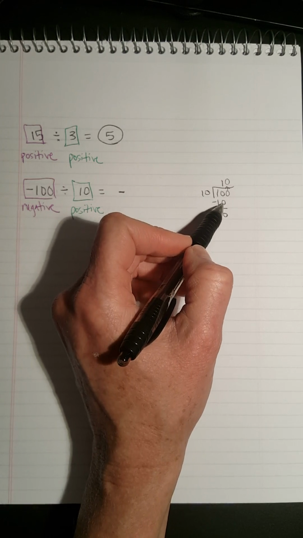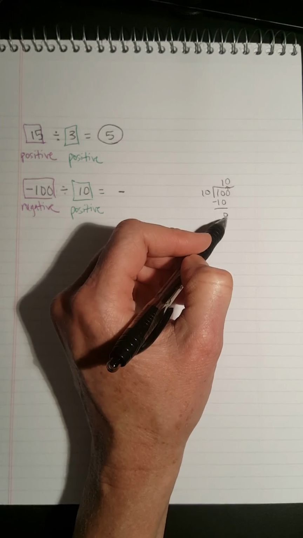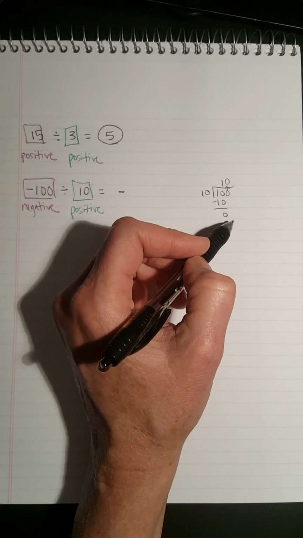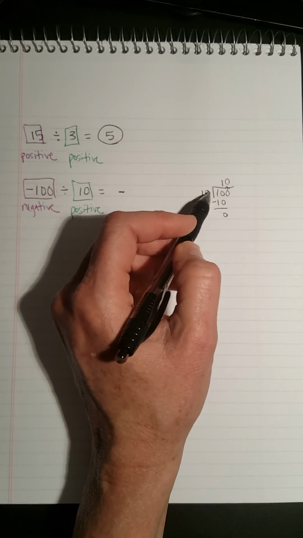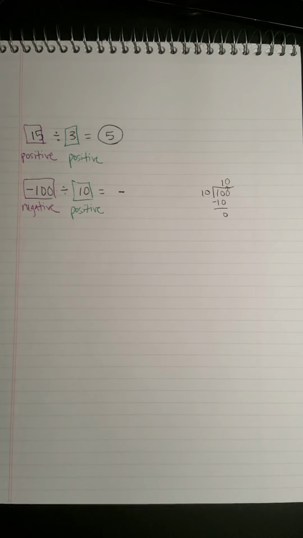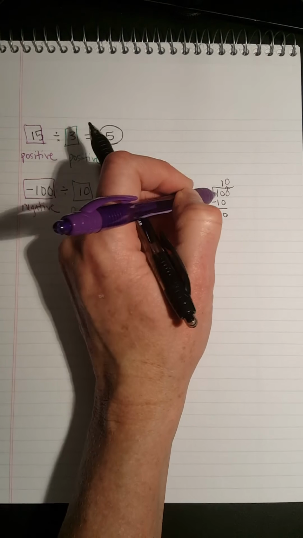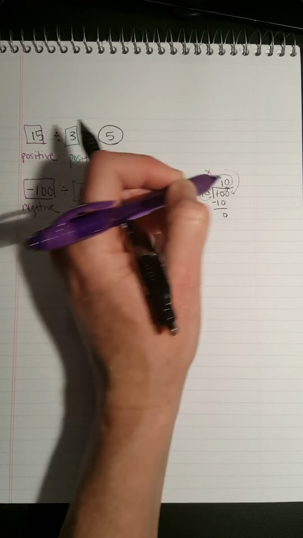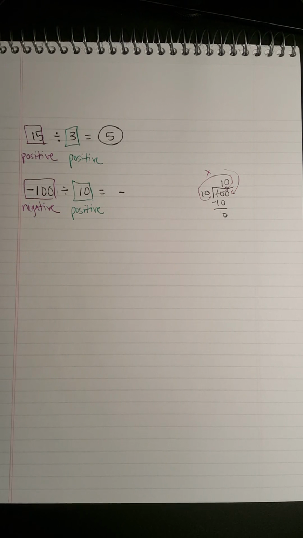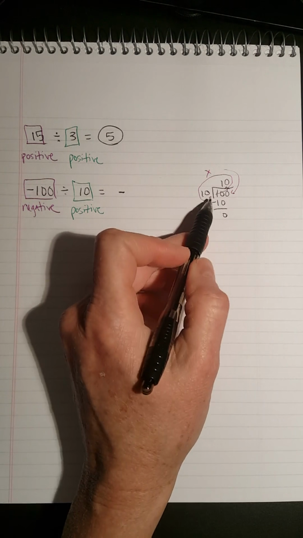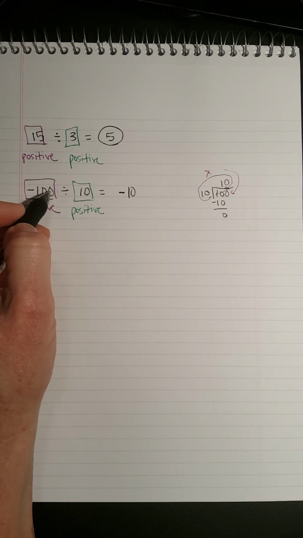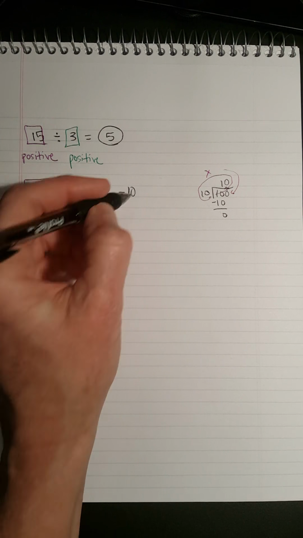If I'm doing my division and I end up with 0, any extra zeros that are up here move up into the answer. And you can double check your work by multiplying these two. Let me circle those. If you multiply these two, you'll get this answer. That's the way you double check your work on multiplying versus division, because they undo each other. So 10 is my answer. So negative divided by a positive is going to be a negative answer.